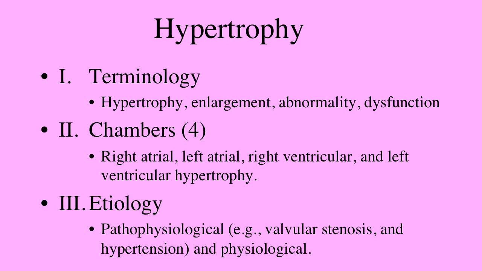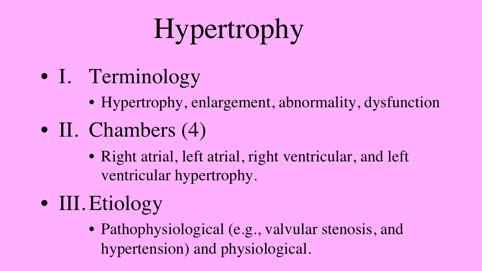Another example, if you think back to the tricuspid valve. The tricuspid valve goes from the right atrium to the right ventricle, and if you have tricuspid stenosis, a narrowing of the tricuspid valve, you can have a hypertrophy that would be right atrial because it has to pump through that valve.